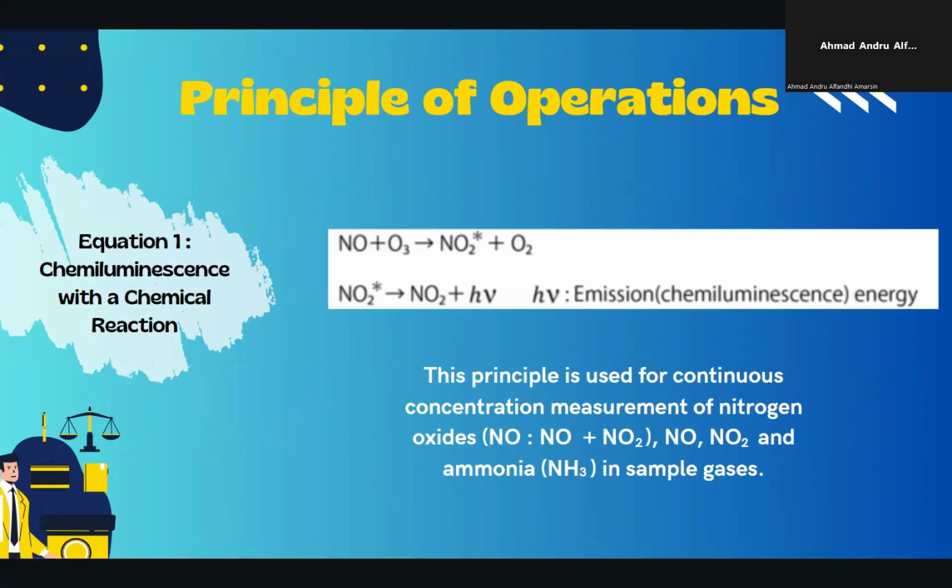And in equation 1, chemiluminescence with a chemical reaction like NO plus O3 gives NO2 plus O2. This principle is used for continuous concentration measurement of nitrogen oxide and ammonia in sample gases. Next.